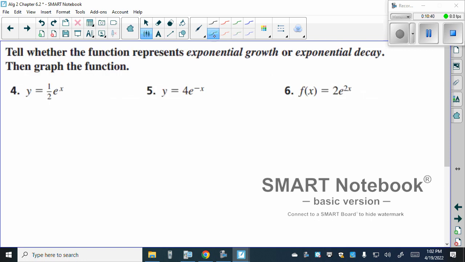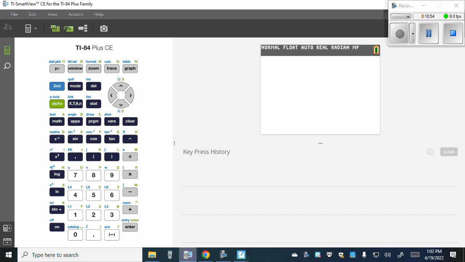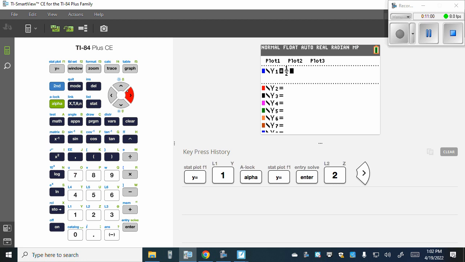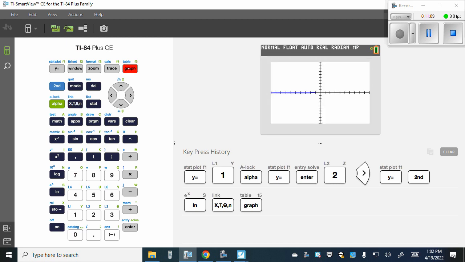So if we looked at 1/2 e to the x, this would be growth or decay? Growth because the exponent is positive. If we looked at the graph and we put in e to the x and hit graph, we see this is an exponential growth like we had yesterday.